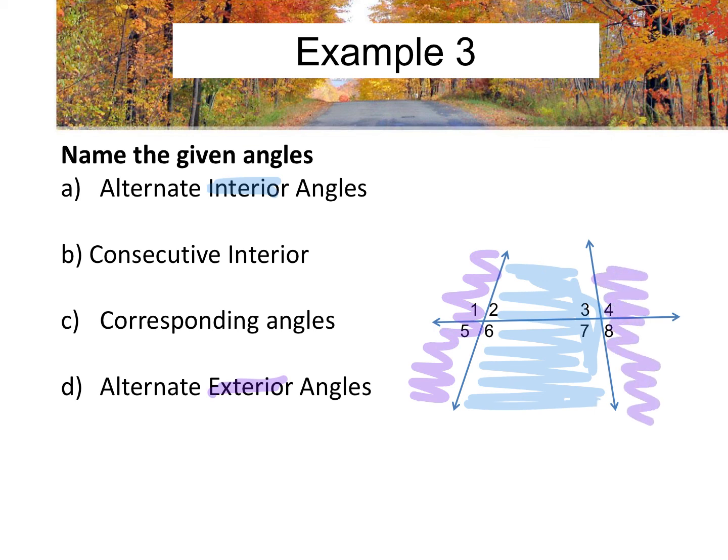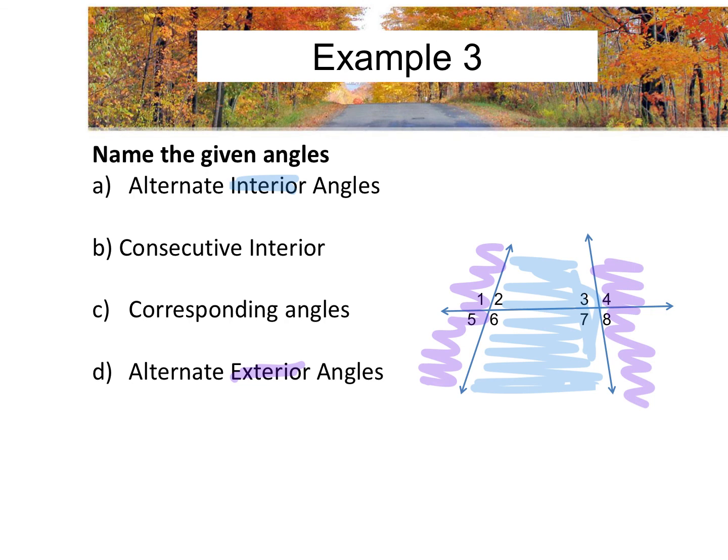So my alternate interior, remember they're non-adjacent, and one has to be on one side of the transversal and the other is on the opposite side. So we could do 2 and 7 for our alternate interior. And then the other pair would be 3 and 6.